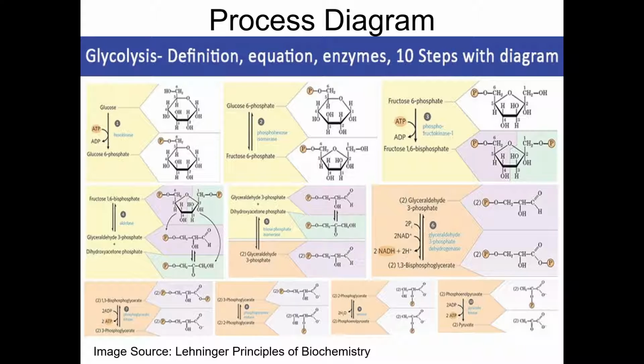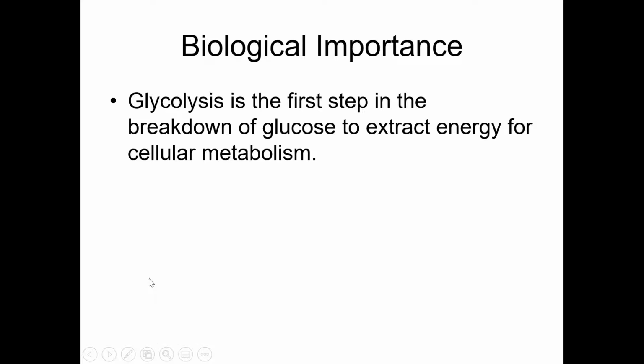This produces a hydrogen plus right there. It releases energy, which attaches another phosphate to the sugar, forming 1,3 bisphosphoglycerate. The enzyme in this one is glyceraldehyde 3 phosphate dehydrogenase.